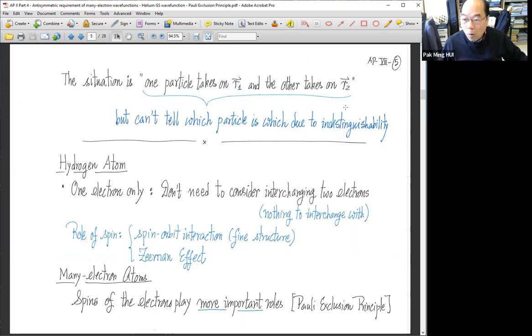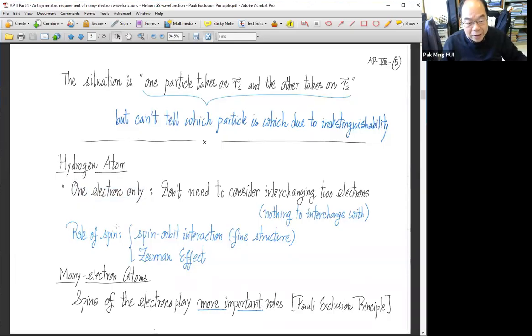But the whole point of indistinguishable particles is that we cannot tell which particle is which, because we cannot distinguish them. Now, to contrast the importance here: in the hydrogen atom, we have only one electron. We don't need to consider all this, just a lonely electron. There's nothing to switch the electron with.